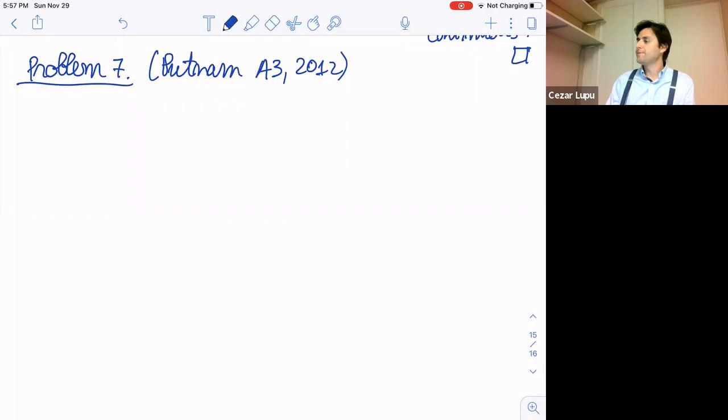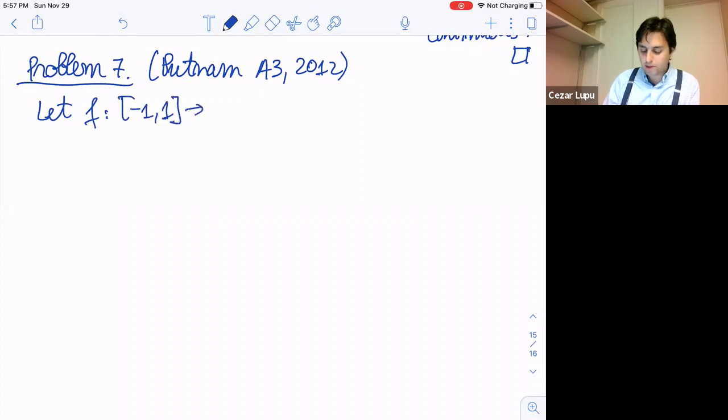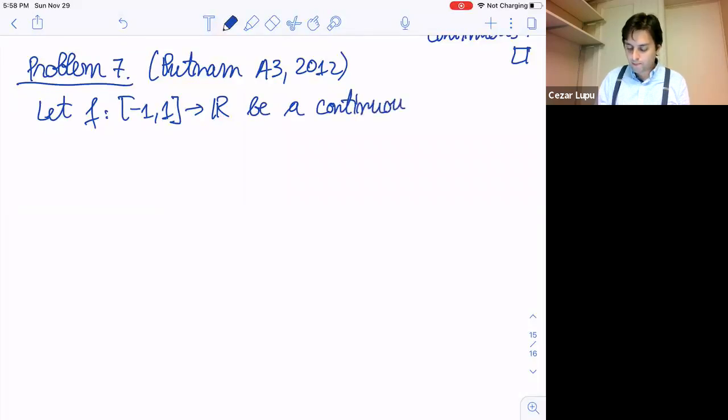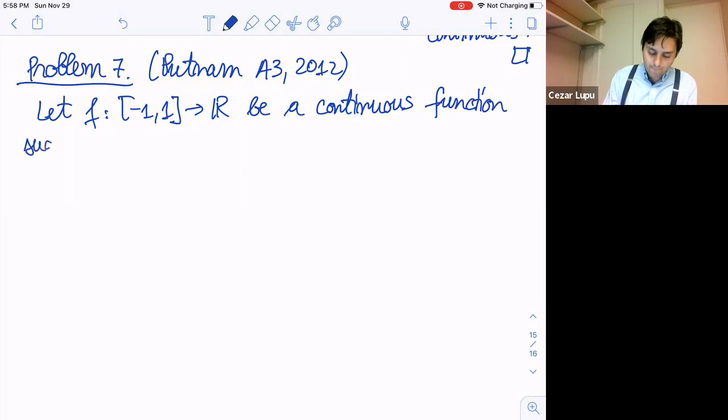It says the following. Let f, defined on the closed interval [-1, 1], be a continuous function such that we have the following conditions.